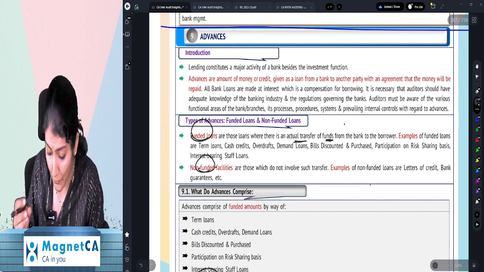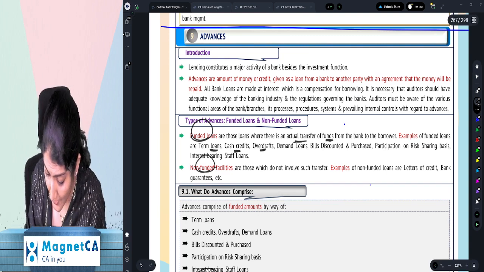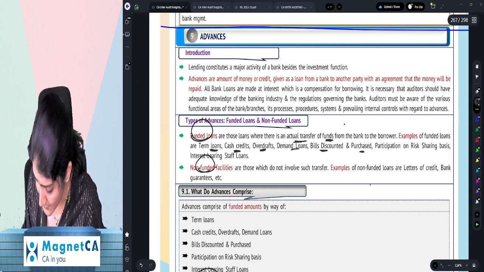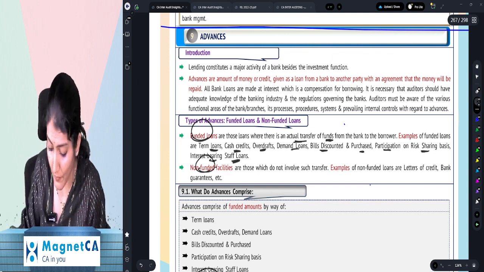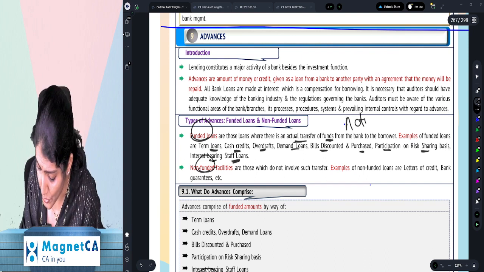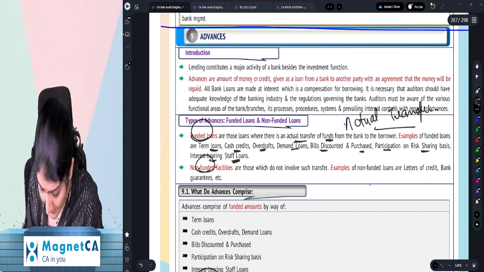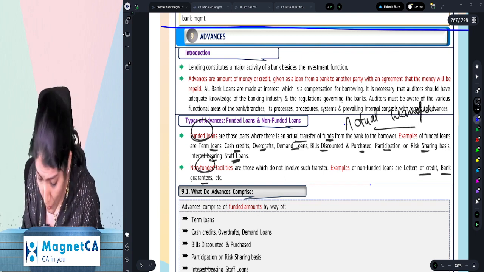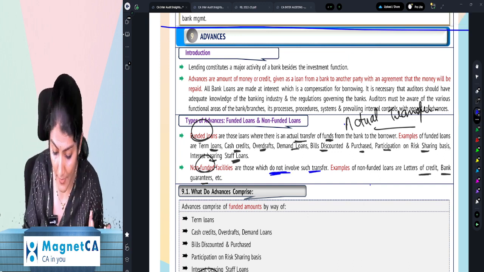So in your BCT you have term loan, cash credit, overdraft, demand loans, bills discounted purchase, participation on risk sharing basis, interest bearing staff loan. This is all which involves the actual transfer of the fund. And where bank guarantees have been given, letters of credit have been issued, but there is no actual transfer of the fund, that is called the non-funded advance.